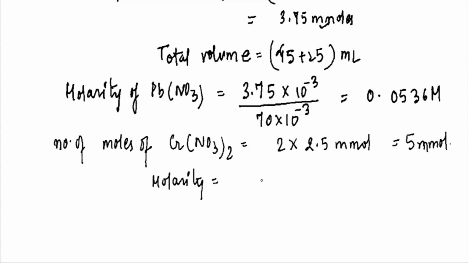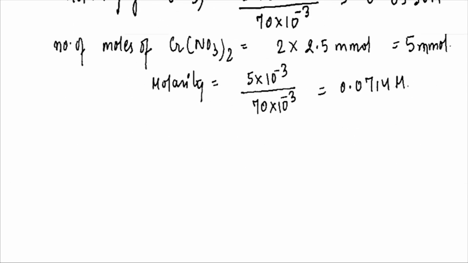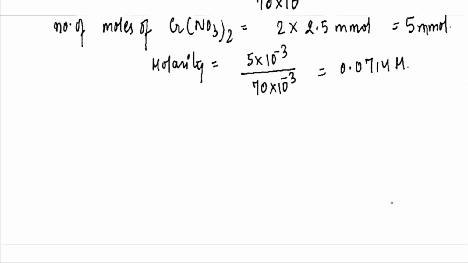That will be equal to 5 into 10 raised to the power minus 3 upon 70 into 10 raised to the power minus 3, and this will be equal to 0.0714 molar, right? So why are we doing this? We are just trying to find out the concentration of all the species that are left behind.